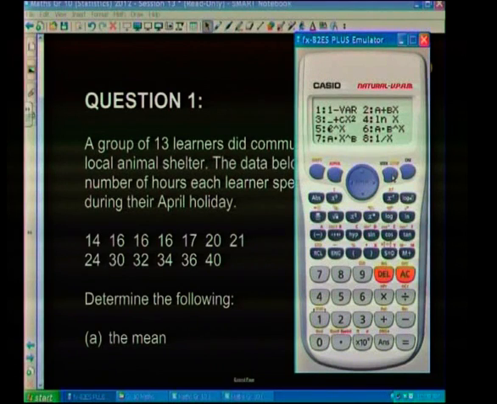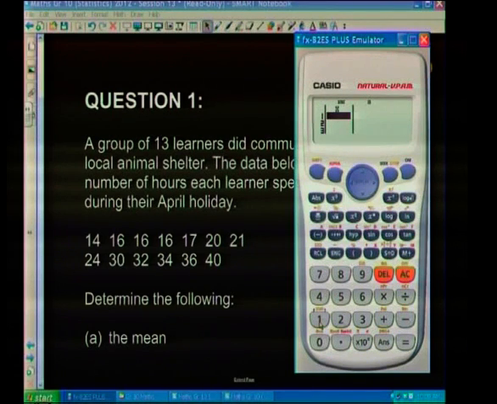So in my calculator, I'm going to go to stats, and then I'm going to press number 1. You can obviously just do this using an ordinary calculator, adding all the values together and dividing by 13, but this is quite an easy method not to get confused because you can see what you have entered.